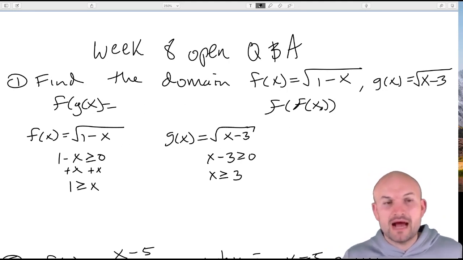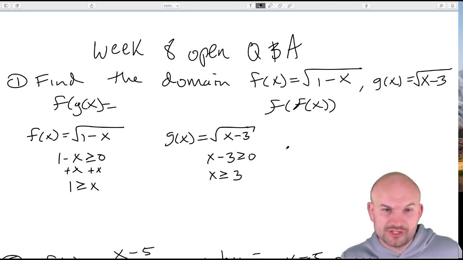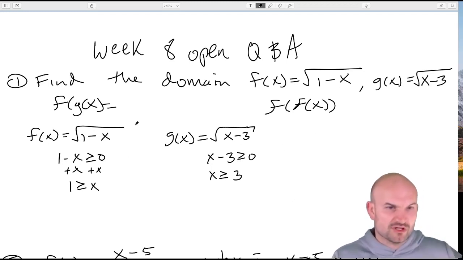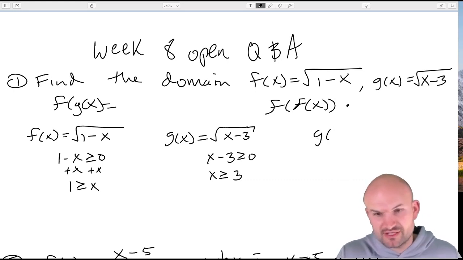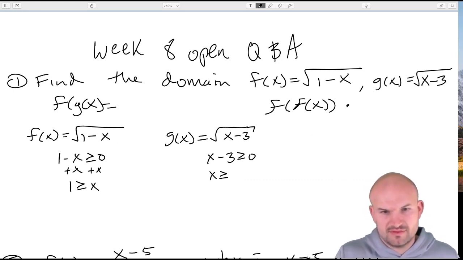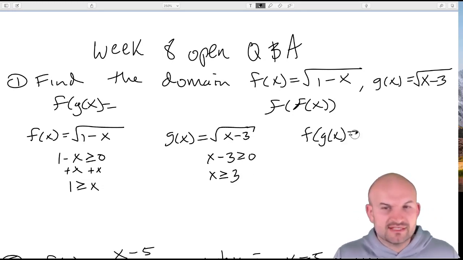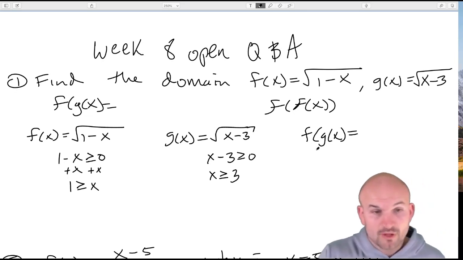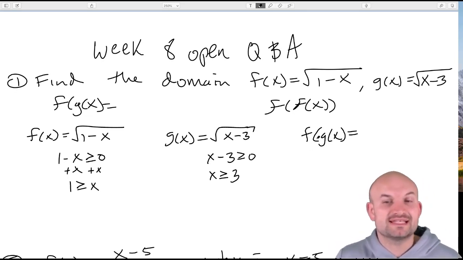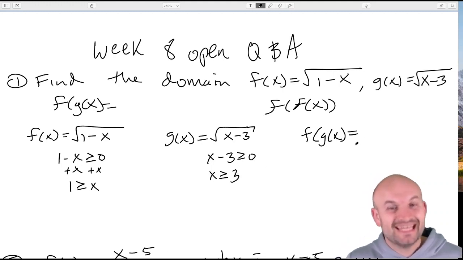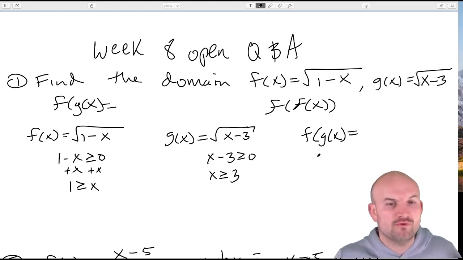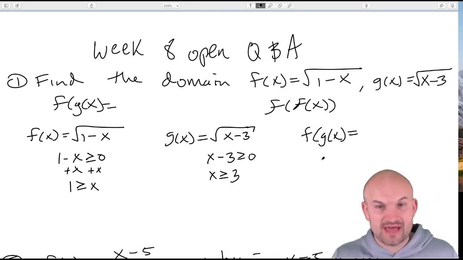composite. So now when we're looking into a composite of two functions, basically plugging one function into the other, for instance, when we're looking at f of g of x, there's two things that we're going to be looking for. One, we're going to be looking for the domain of g of x, which is x greater than or equal to 3. And that is going to be the intersection with the domain of f when we plug in that function.